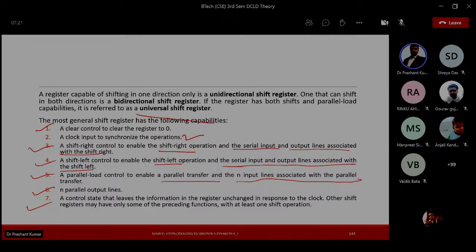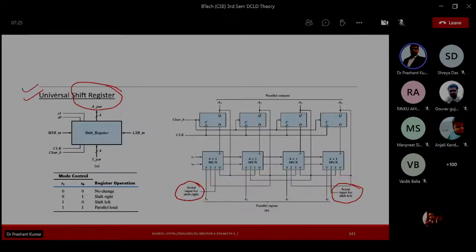Right. So now if we discuss this diagram, how many flip-flops are there here, and which kind of flip-flop have we used? 4 D flip-flops.